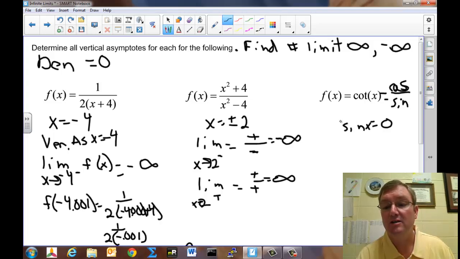Well, if you go back to remembering your trig, the sine is 0 at 0, at pi, at 2 pi, at 3 pi, and so forth. So all of these are vertical asymptotes. If we graph the cotangent function, we have vertical asymptotes at 0, at pi, at 2 pi, and at 3 pi, and the pattern goes on and on just like that.